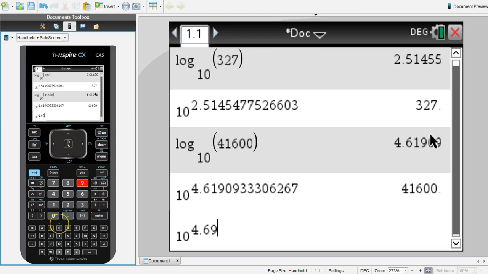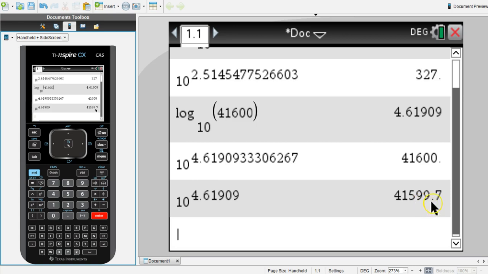So put in as many decimals as you have, and it should be pretty close to 41,600. We just had some round off error, but don't freak out about that, right?